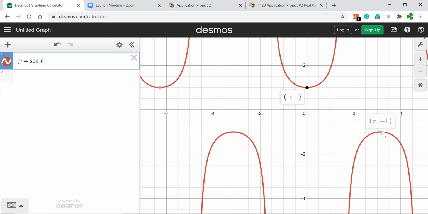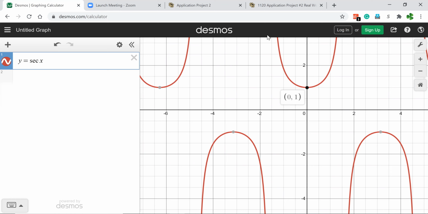Or it can take any value smaller or equal to -1. That's where y can take values. Again, our y values become the domain.